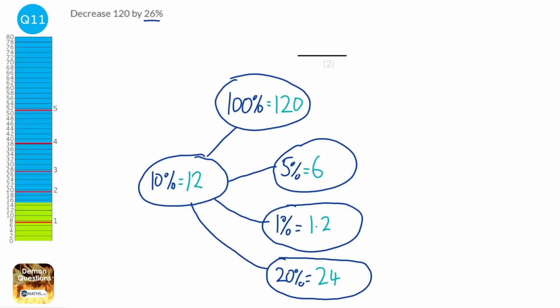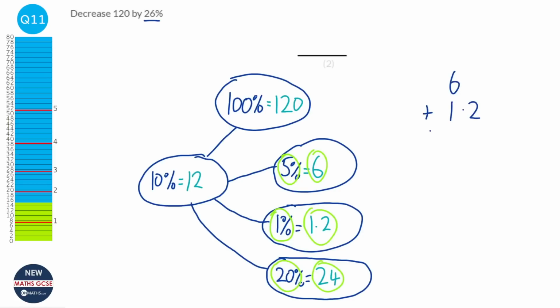So to work out 26%, we need to add these together to get to 26. So we're going to add these numbers here together. Okay, so we've got a 6, a 1.2, and a 24. And we're adding them together. And that would be 11, so carry the 1, and that would be 3.